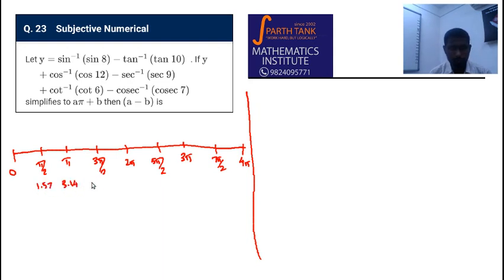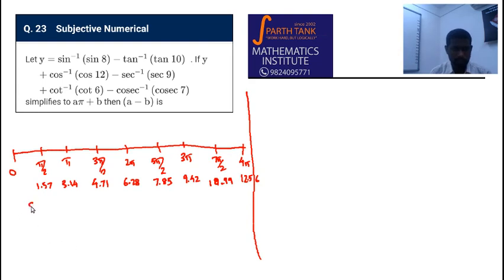This is 3.14, this would be 6.28, this is 9.42, and this is 12.56. And these are going to be a bit tricky. So 1.57 and a 3 point, so it is 4.71, and here I'll have 6 point, so another 3.14, so 7.85, and I'll get 10.99 here, roughly, just to know where each of these arguments are going to be.